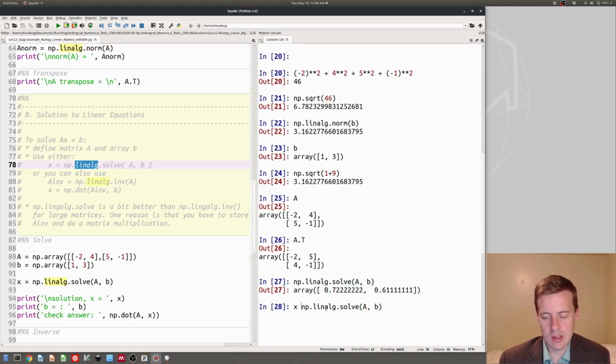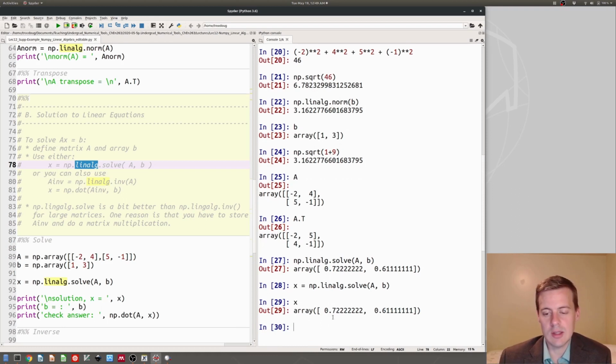You can of course assign the result to x if you want, and then when you look at x, it has that value. All right, so that's the easiest way. I recommend you do it that way. But if you need an explicit inverse, you can also use an inverse function. So if instead of solving directly for x, I want to know what the inverse of A is, I can do A inverse is np.linalg.inv of a.